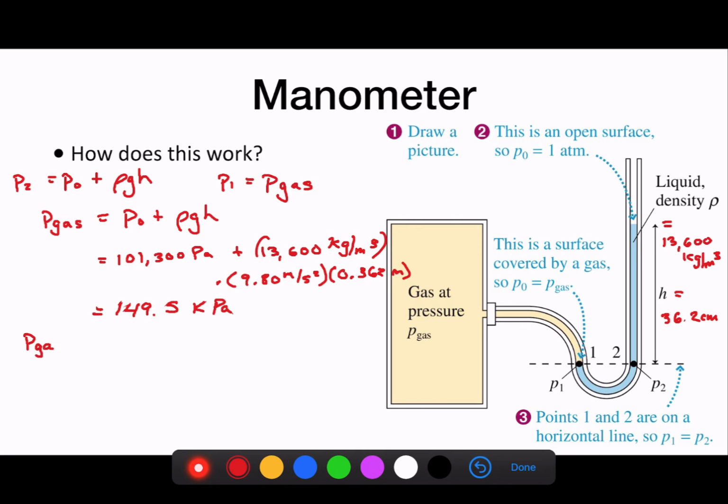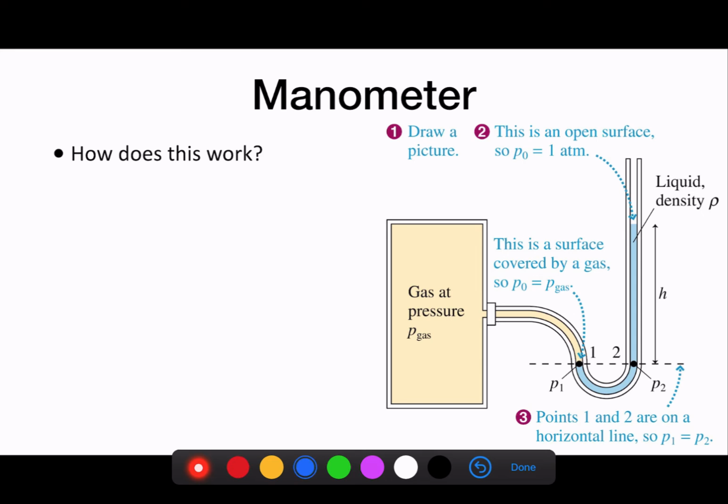Now, if we're reading a gauge for this, the gauge again is the absolute pressure minus 1 atmosphere. So 1 atmosphere is 101.3 kilopascals. So the gauge would read 48.2 kilopascals, or 0.476 atmospheres.